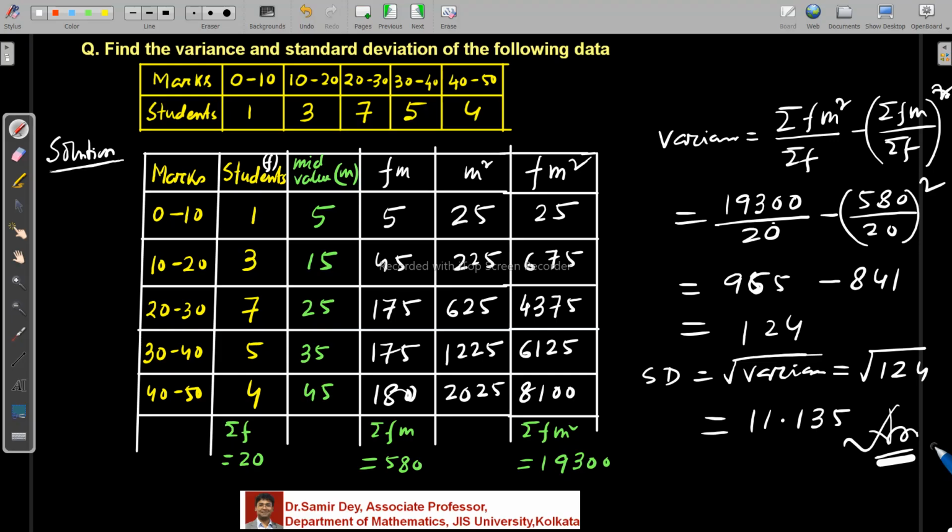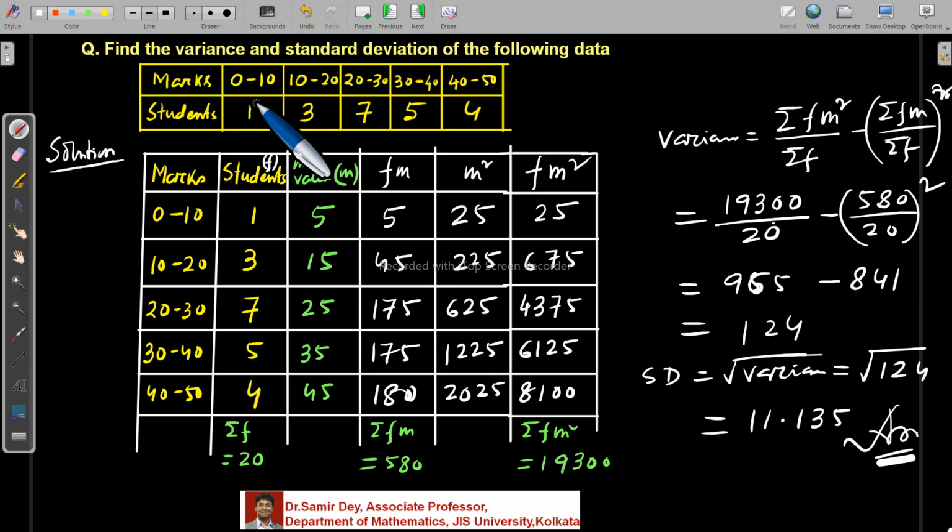Here there is no break: 0 to 10, 10 to 20, 20 to 30, 30 to 40 and so on. All formulas are based on continuous type of data. If there is any break, that means discontinuity is there, you need to change it to continuous form and then find the solution.